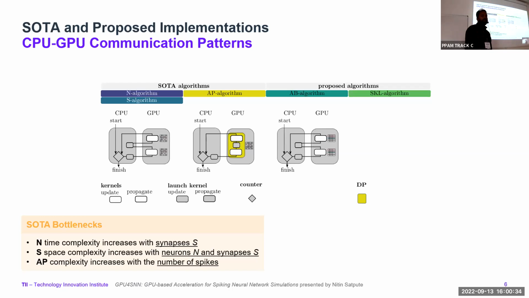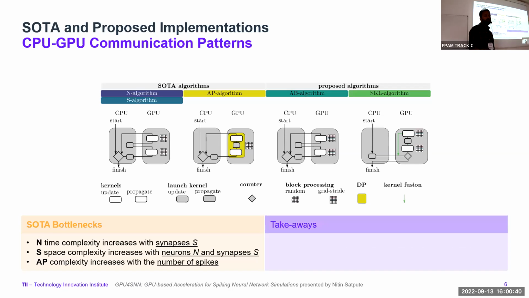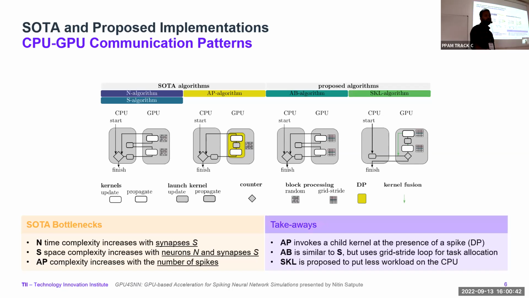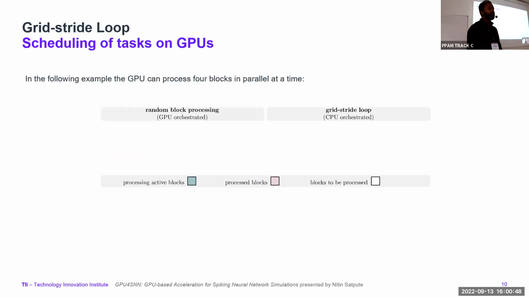Now, in the proposed approaches, we have the AB algorithm and the SQL algorithm. But before going to that, we'll talk about the important ingredient inside the AB and SQL algorithms, which we call the grid stride loop. Now, what happens whenever we launch a kernel on the GPU?